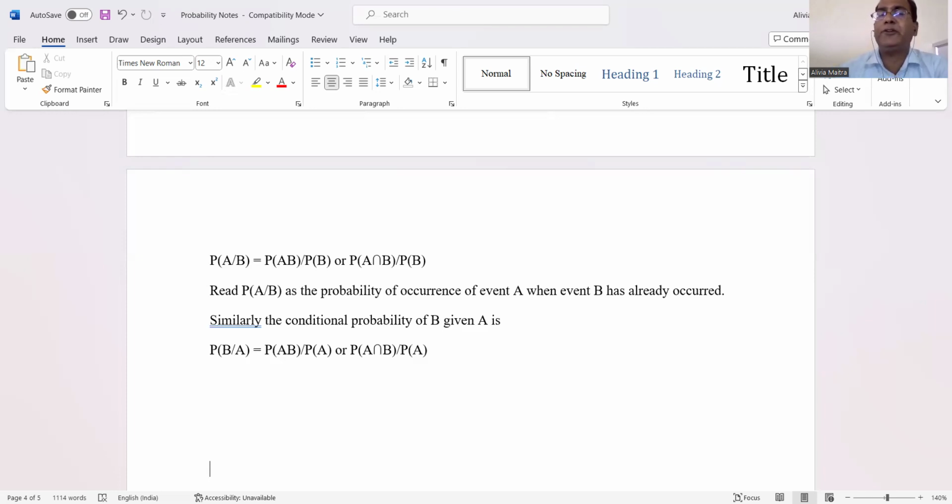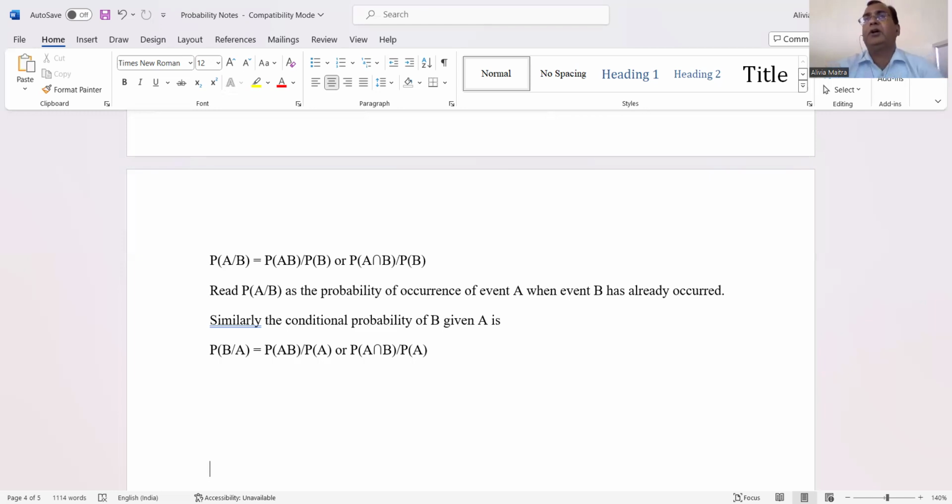When we cross multiply these two terms, we get P(A intersection B) is equal to P(B) into P(A|B), and this can also be written as P(A intersection B) is equal to P(A) into P(B|A). So two different statements can be given for the multiplication property for the probability of event A intersection B.